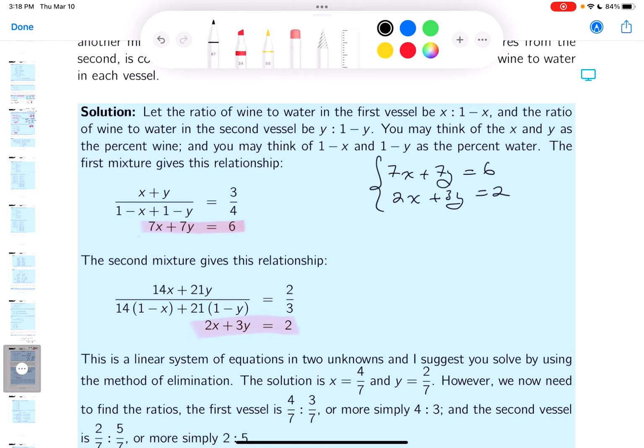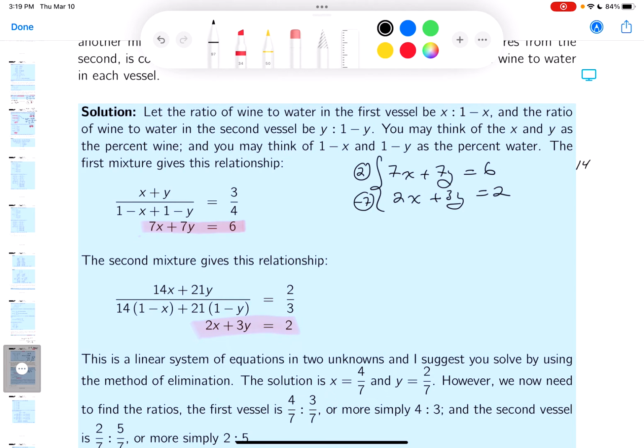All right, how are we going to do that? I'm going to say 2 times the top equation and minus 7 times the bottom. So you get 14x minus 14x, no x's. You're going to get 14y and minus 21y, which would be minus 7y.